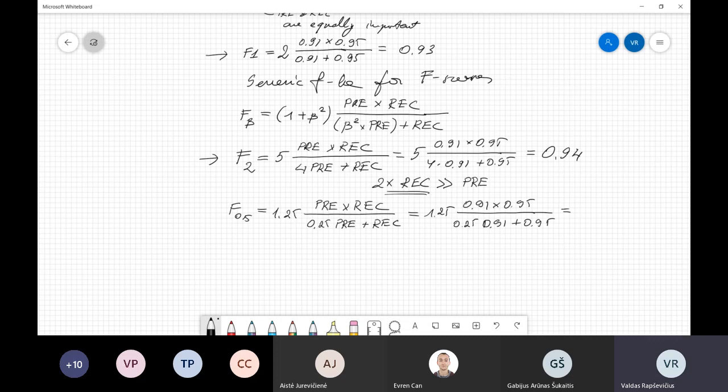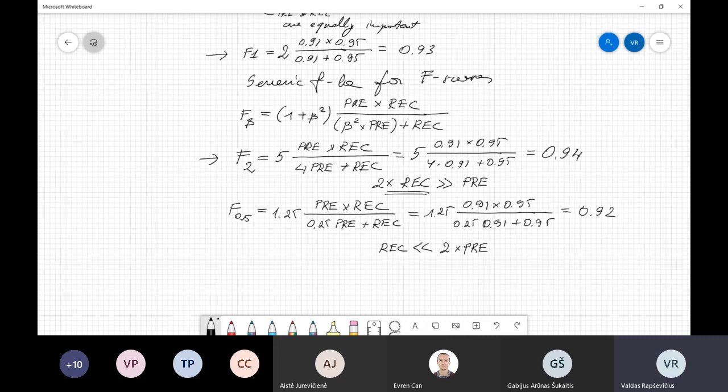And again, what's the value for this F0.5? In this case, precision is more important, right? We can say 2 times precision. This metric is basically telling that precision now is more important than the recall. And now we get 0.92. Thank you, Brendanas. Okay.